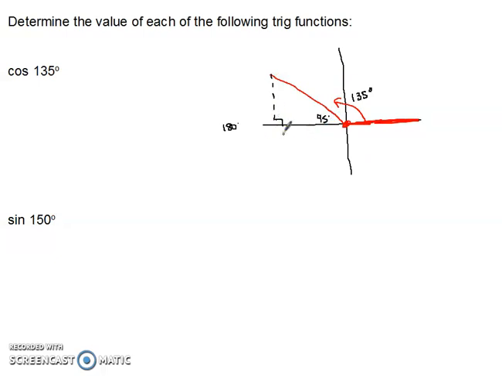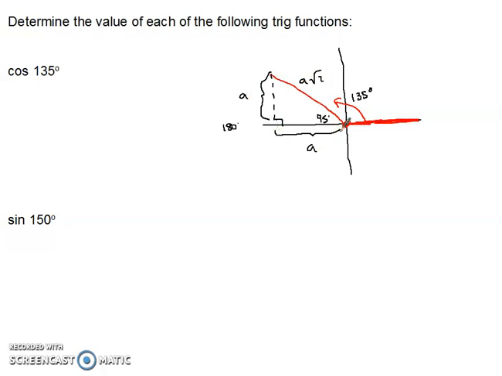What's important is that whatever this distance is along the bottom is negative because we are on the negative x-axis, but this y value going up is positive since we are increasing in a positive direction for y. So using my relationships of 45-45-90 triangles, I know that this side is a, and my hypotenuse is a times the square root of 2.